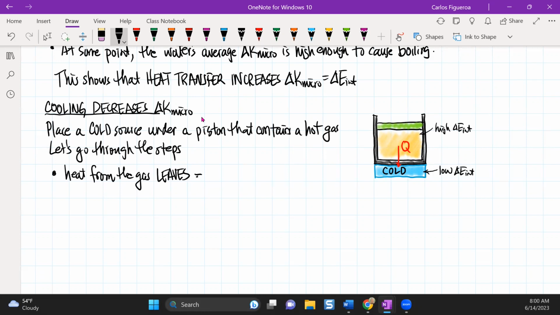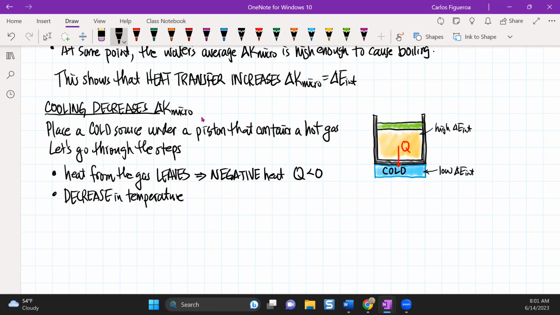And when it leaves the piston, we call that negative heat, which we then write as Q less than 0. Now this causes a decrease in temperature.